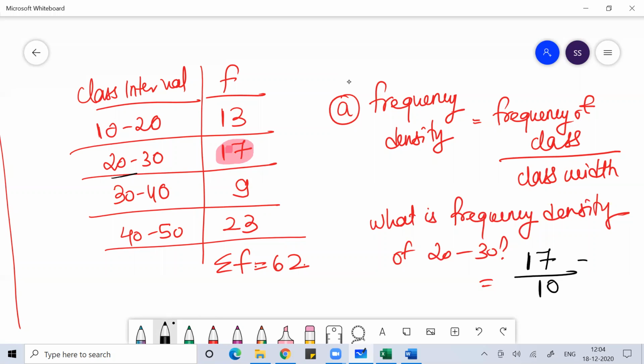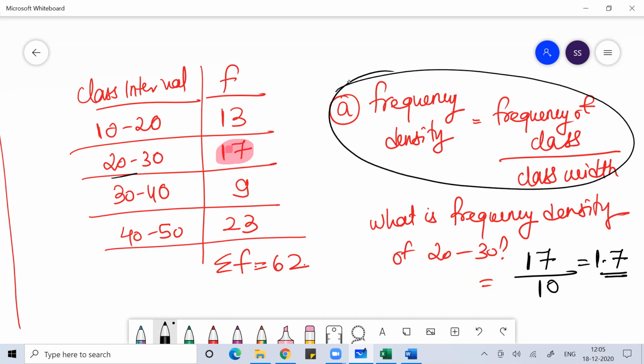So the frequency density of this would be 1.7. Remember this formula. This is called frequency density. Clear, everyone?